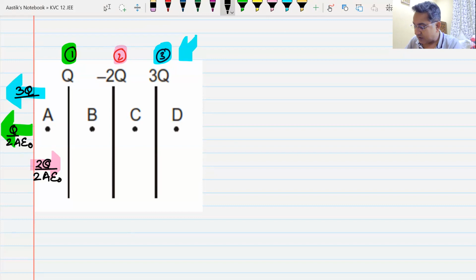Remember all these are vectors. On the left hand side, I have 3q plus q, 4q by 2a epsilon naught. On the right hand side, I have q by 2a epsilon naught. So the net electric field at point A vectorly becomes minus q by a epsilon naught i.